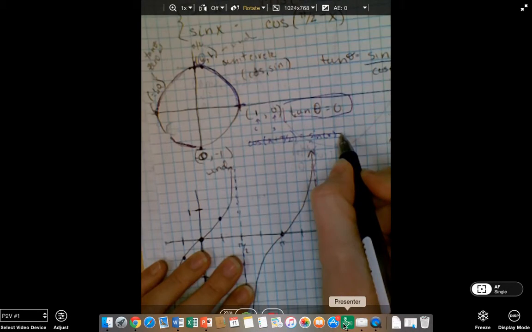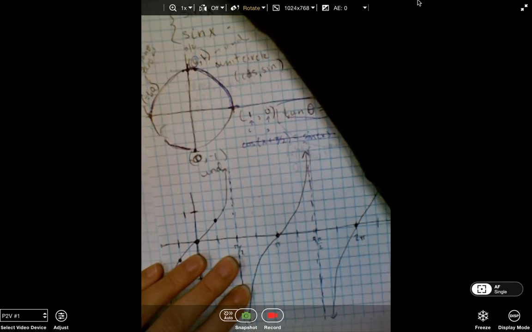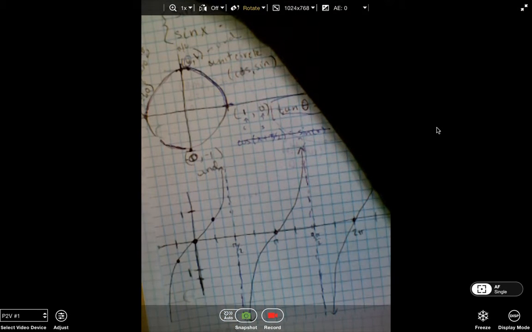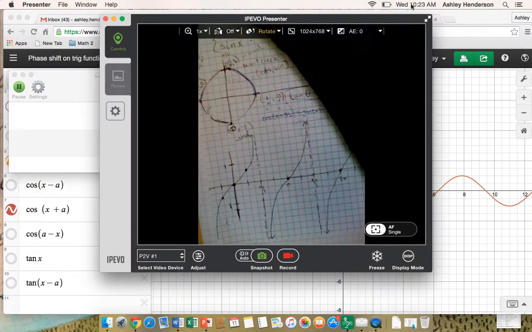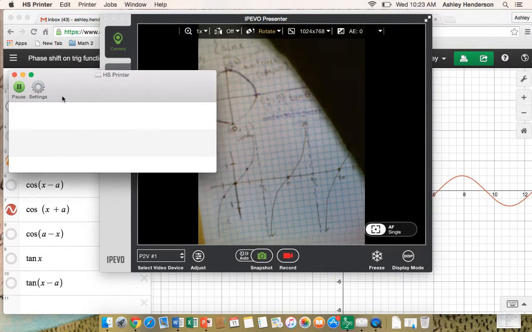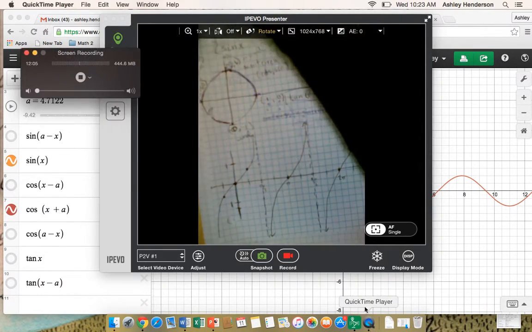Uh-oh, so why did it not work? Okay, I'm going to close this and type QuickTime.